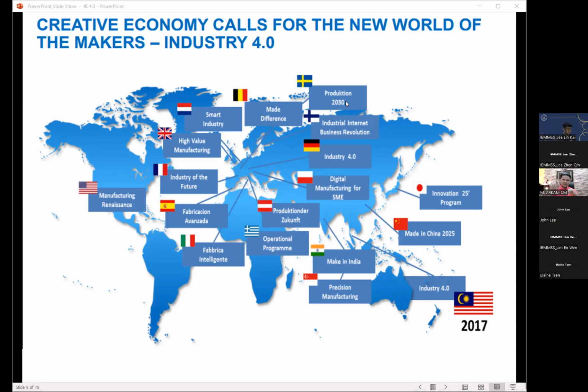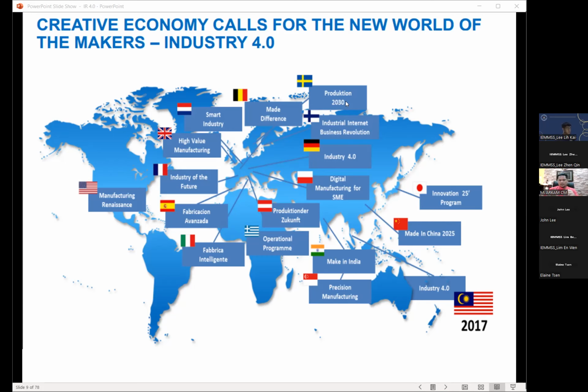Smart industry in France, in the UK high value manufacturing, industrial industry in the Netherlands, industrie du futur, America manufacturing renaissance, Spain fabricación avanzada, Italy fabbrica intelligente, an operation program in Greece, Austria, Indonesia, for example Germany, and China, India, Singapore, and also Malaysia, innovation in Japan as well.